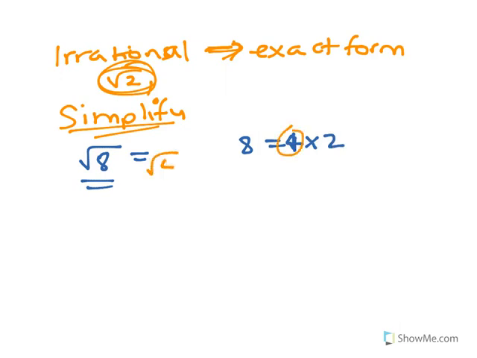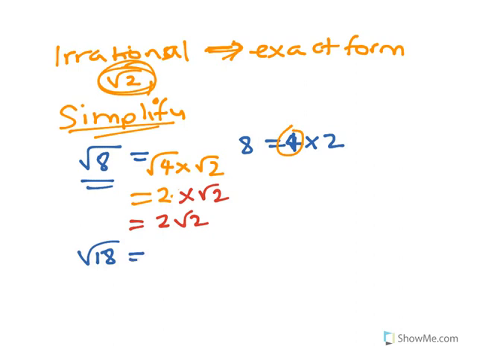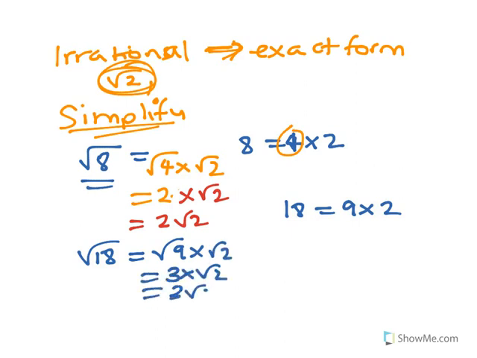You always write the square number first, so it's root 4 times root 2, which becomes 2 root 2, since the square root of 4 is 2. Say we have root 18: the square number that goes into 18 is 9. 9 times 2, which is root 9 times root 2, which is 3 times root 2, so 3 root 2.